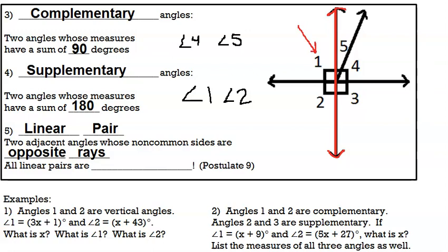That would be angles 1 and 2. So whenever that happens, you've created a linear pair. It's a pair of angles that were formed from the same line. And again, when you see opposite rays, you've got to think line. Now, because they were formed from a line, and a line is 180 degrees, that means all linear pairs are automatically supplementary.